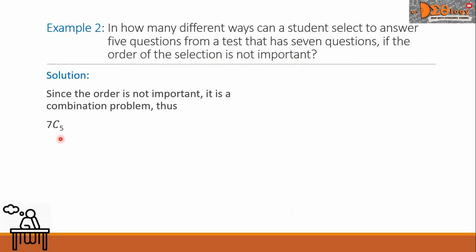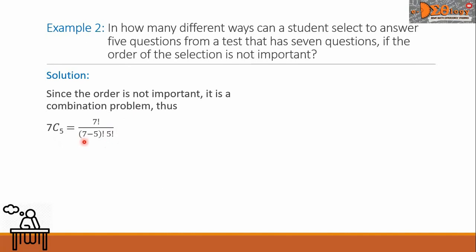Thus, we write combination of 7 items taken 5 at a time. Using our formula, this is now equal to 7 factorial over the denominator (7 minus 5) factorial times 5 factorial.